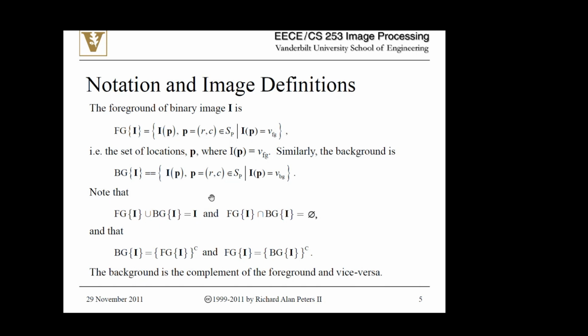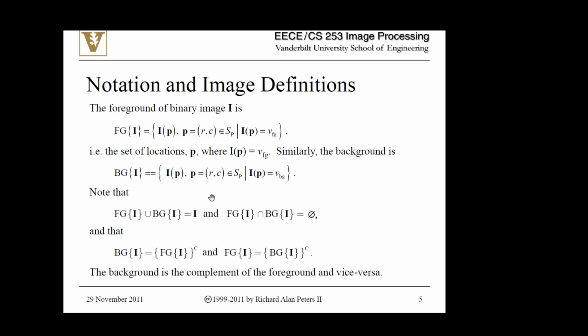The foreground union the background is the whole image. There is no pixel that is shared by the foreground and the background. The background is the complement of the foreground, and the opposite: the foreground is the complement of the background.